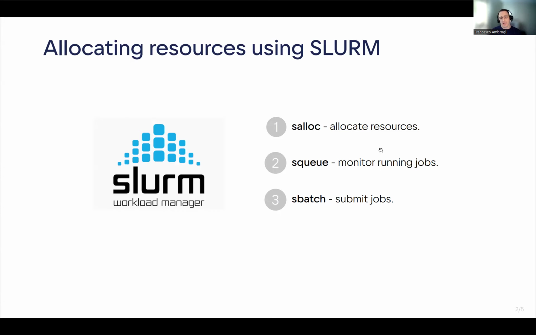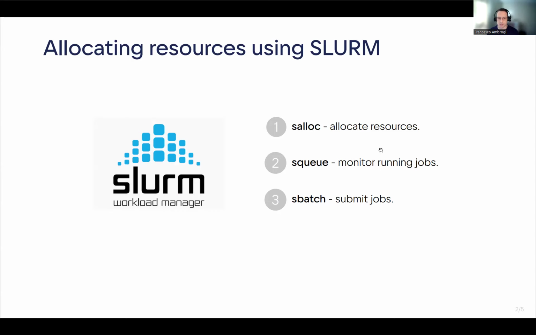And then we have the squeue command, which is used to actually monitor your simulations after they are started and they are running. So let's say you have a few jobs running, most likely you will be running more than one job at the same time. Then with this command, you can check how the jobs are doing, if they happen to have crashed or something like that.